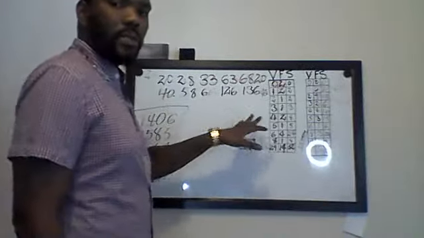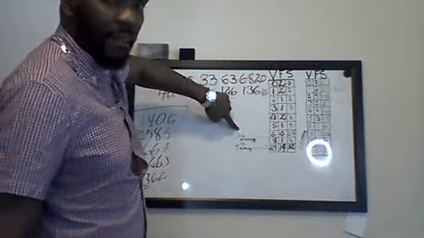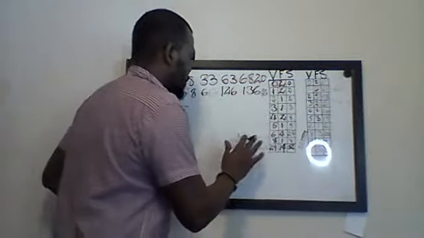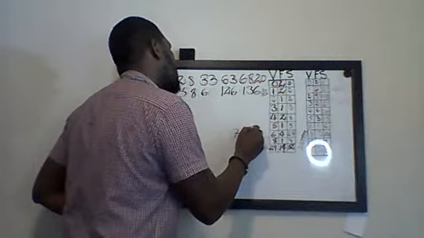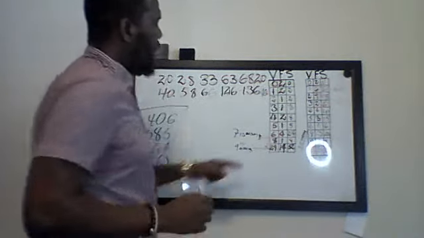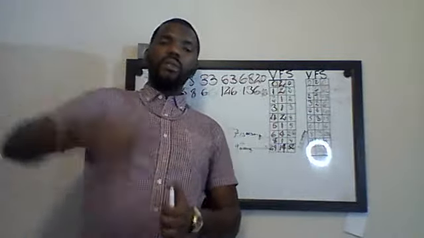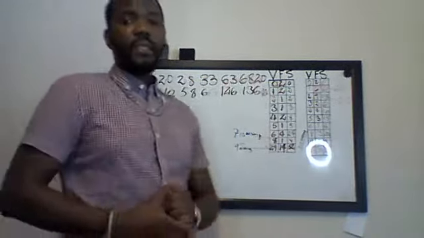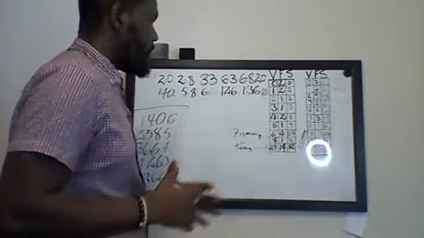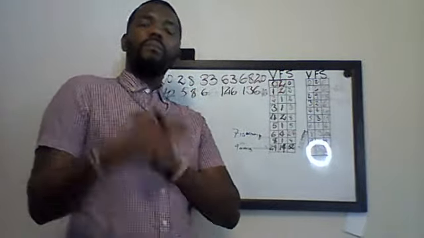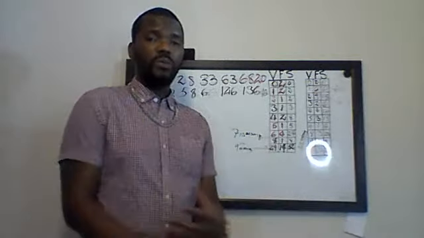So 7 is missing, and 9 is missing, because the value line is supposed to be 0 to 9. So watch out for 9, watch out for 7. Sometimes you can see, watch out for 9 or 7, they don't show up, but the numbers that are close to them come out.